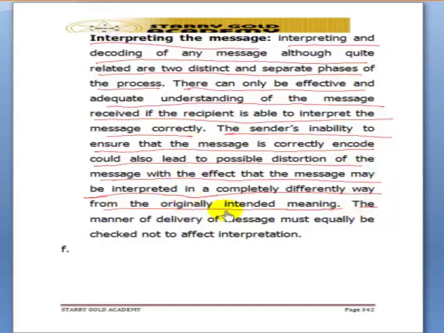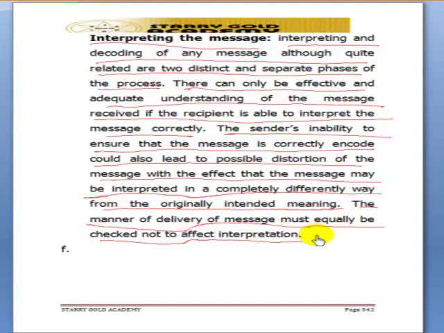Then the manner of the delivery of the message must equally be checked not to affect interpretation. So majorly, interpretation depends on the encoding of the message. If the message is properly encoded, then definitely interpretation is going to be easier for the receiver of the message.